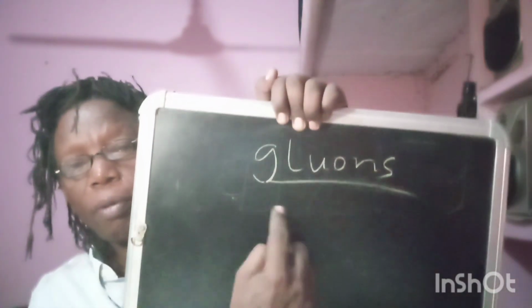We have to give them names, guys. Otherwise, how do we differentiate them? Gluons are the name. They are particles, of course, with different mass and different energy states, given these names.